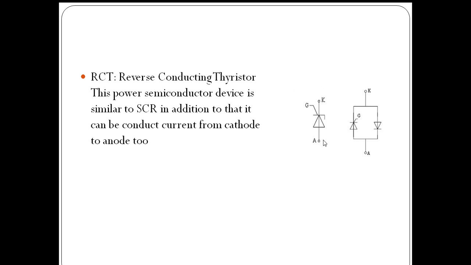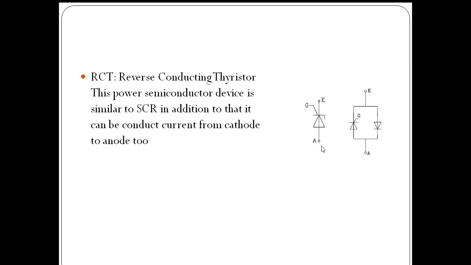In forward bias, the RCT acts like a normal SCR only. But the extra feature in the RCT is that it can also conduct from cathode to anode. So it will conduct in both directions.